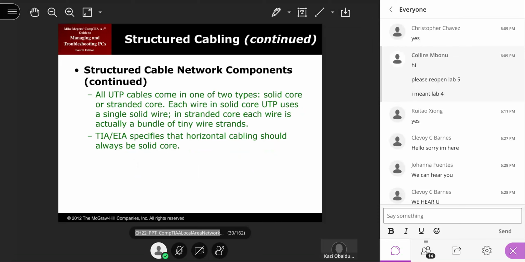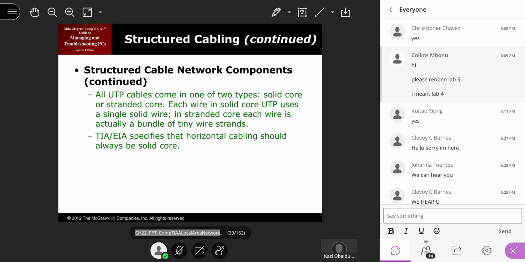Structured cabling network component, more about this. All UTP cable comes in one of two types. We already know that: solid core or standard core. UTP means unshielded twisted pair. In the visible network chapter, we understood about the copper cable, so I'm not talking too much, but I'll tell you something about this.